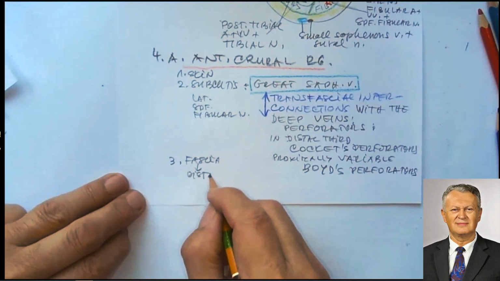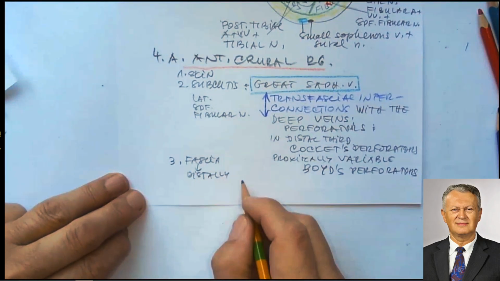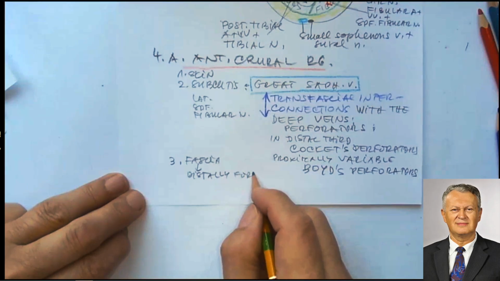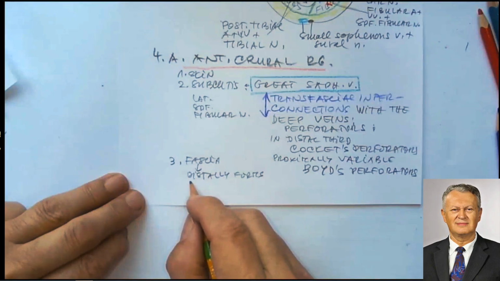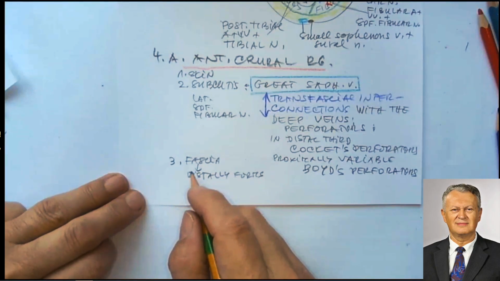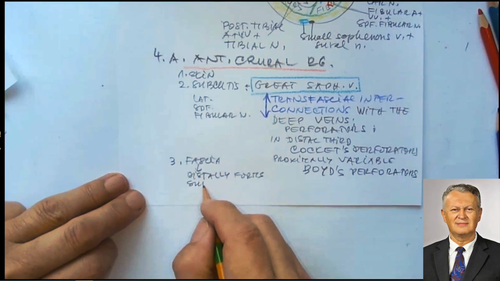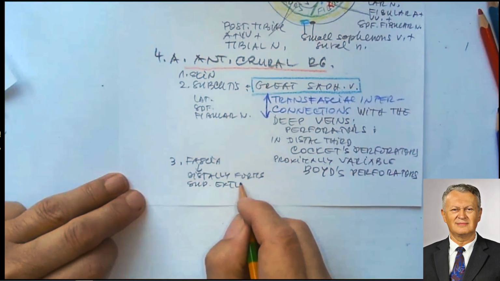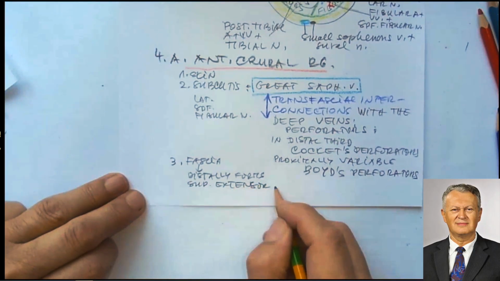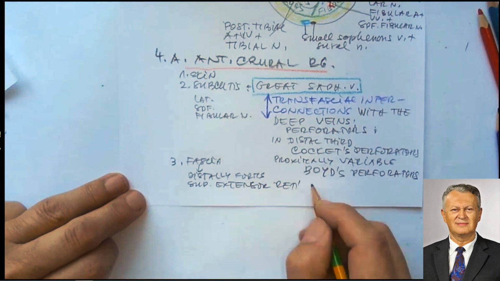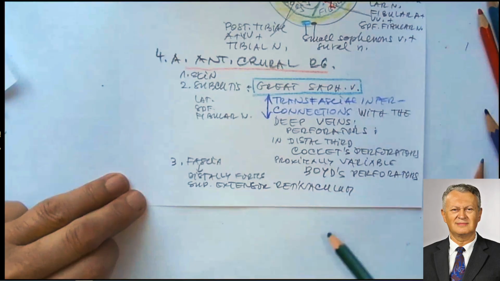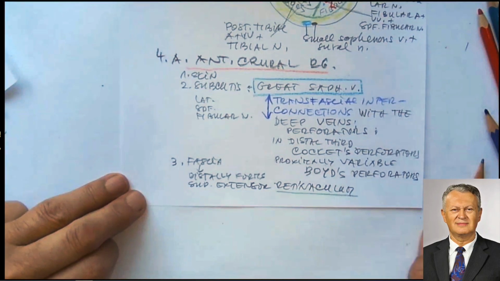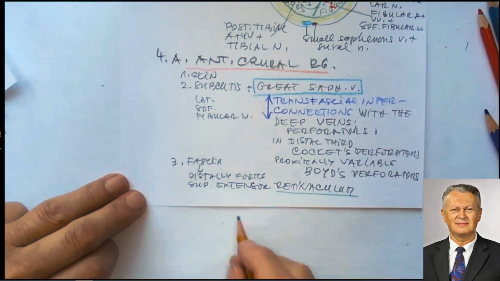Distally it forms the superior extensor retinaculum. We will see it in the diagrams. We know the retinacula stabilize the position of the tendons. This is number 3.